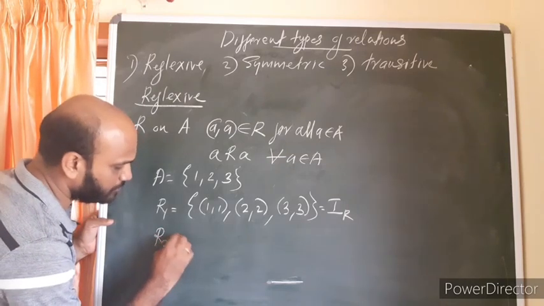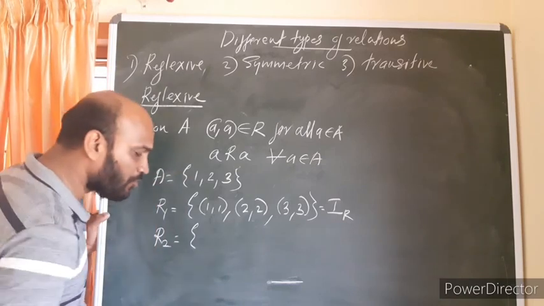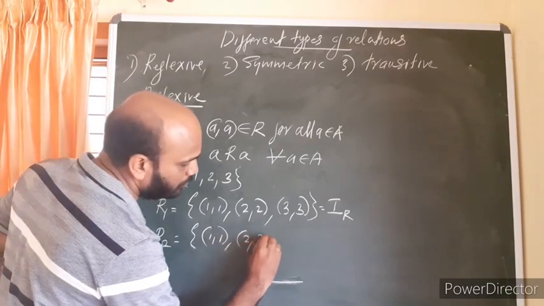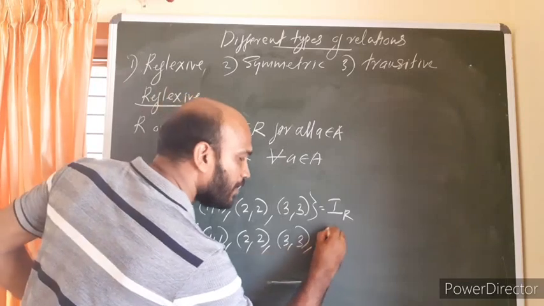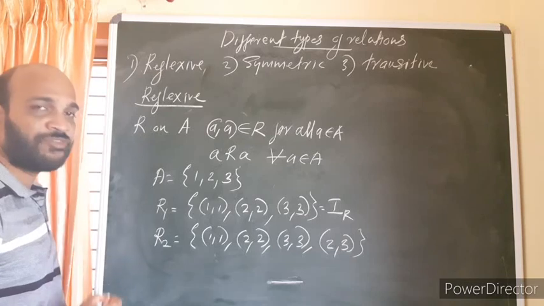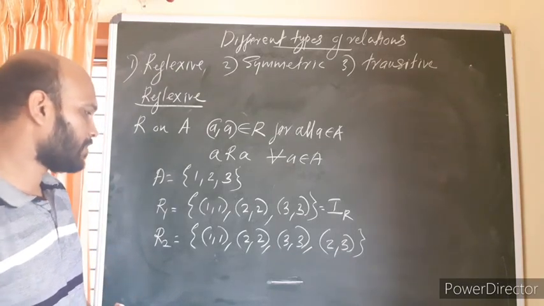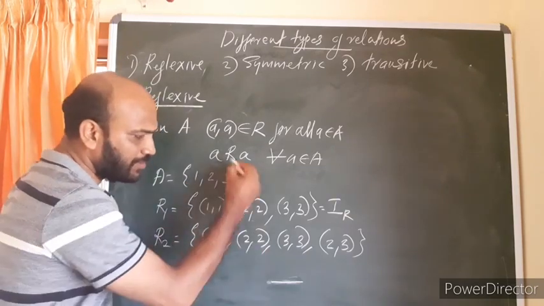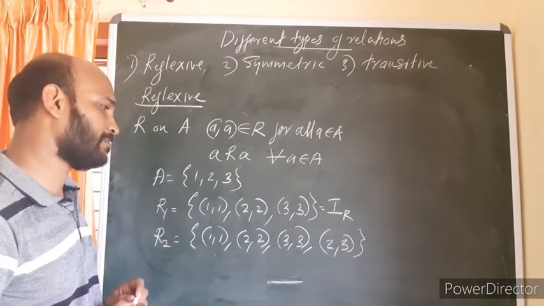Let R2 be a relation on the same set, and elements of R2 are (1,1), (2,2), (3,3). I am adding one more element. Verify whether R2 is reflexive or not. Since (1,1) is there, (2,2) is there, (3,3) is there, clearly R2 is reflexive.